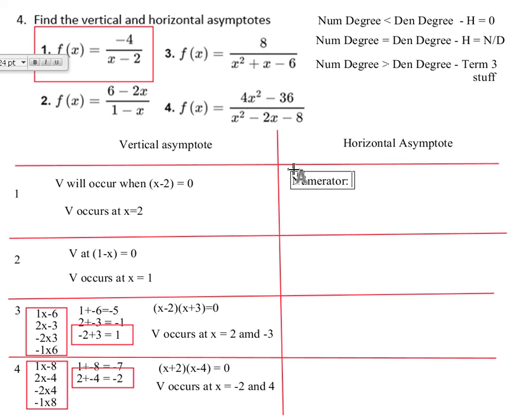So there is no x there. Basically it means that x is to the power of 0 in the numerator. Can you just let me know in the chat whether you get that x is to the power of 0 in the numerator? Because there is no x.